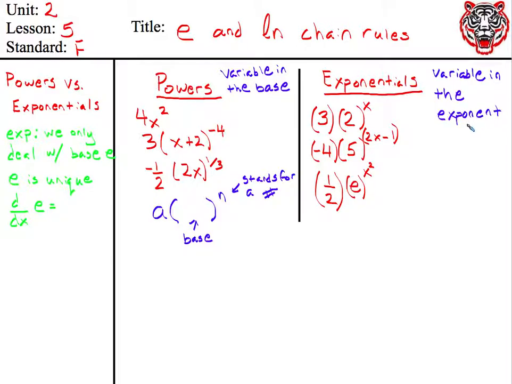I hear a lot of people screaming, oh, it's in the power. That works too. So I guess I should have labeled our A over here, because our A over here is slightly different. This A on the left-hand side, we just call this a coefficient. It's a number in front of what we're looking at.